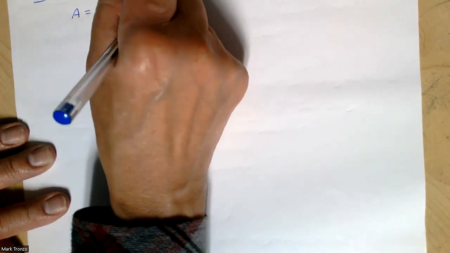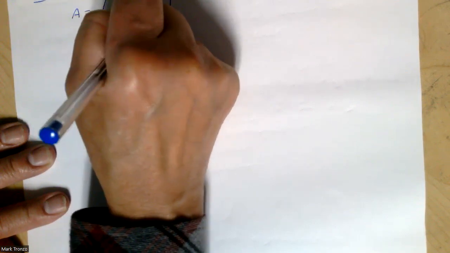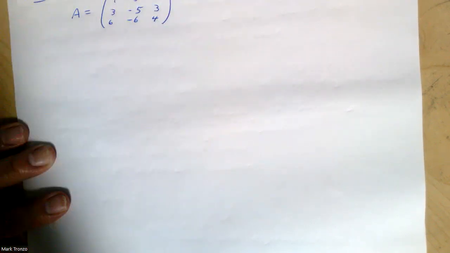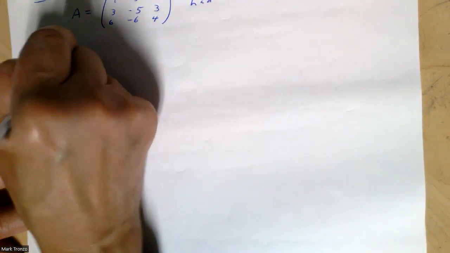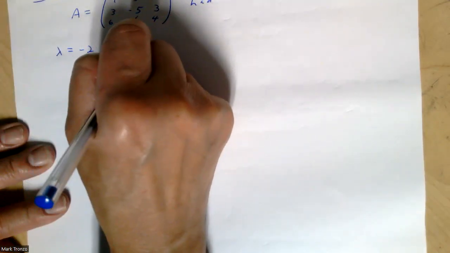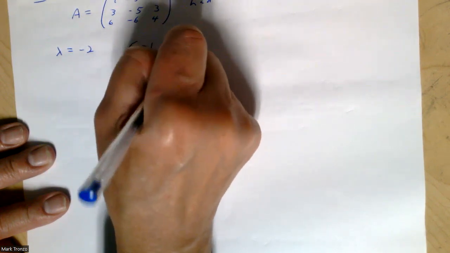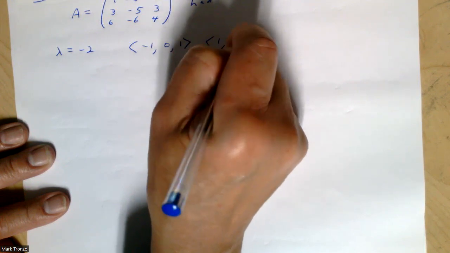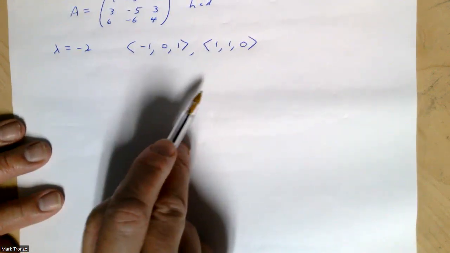Recall that A, with rows 1, minus 3, 3; 3, minus 5, 3; 6, minus 6, 4, had lambda equal to minus 2 for the eigenvalue, and that had eigenvectors minus 1, 0, 1, and 1, 1, 0.